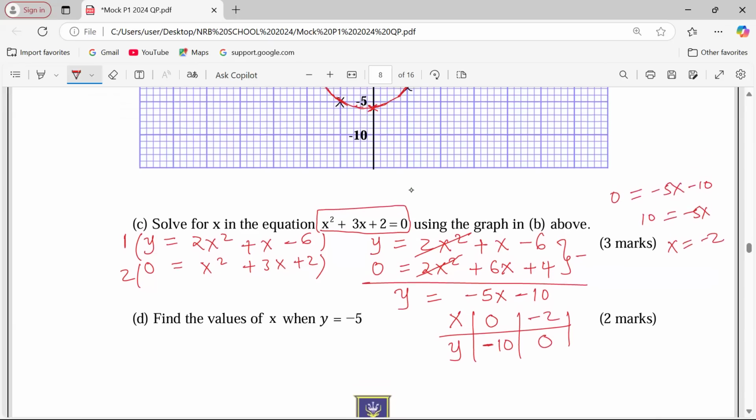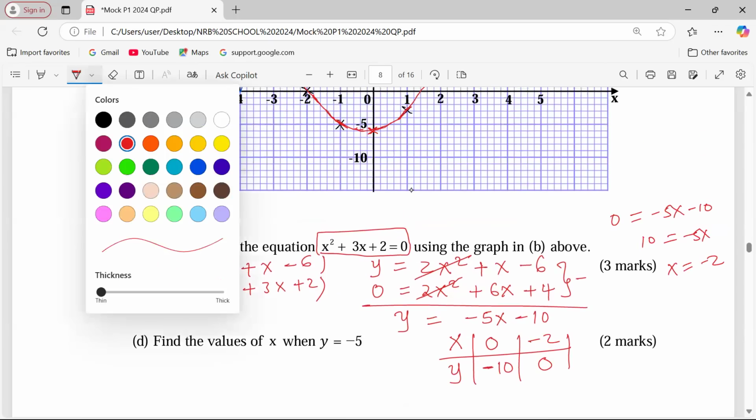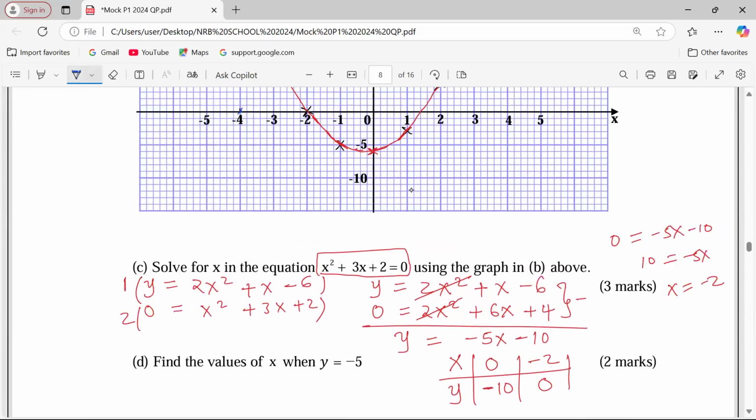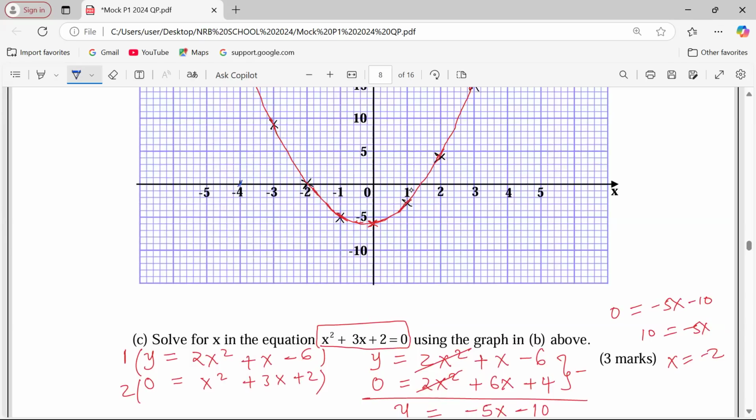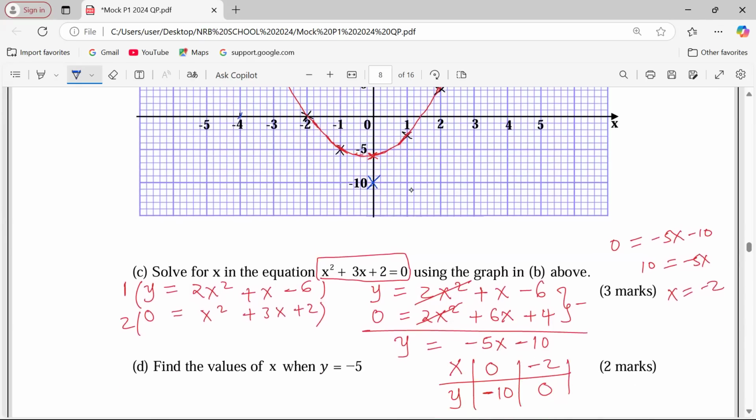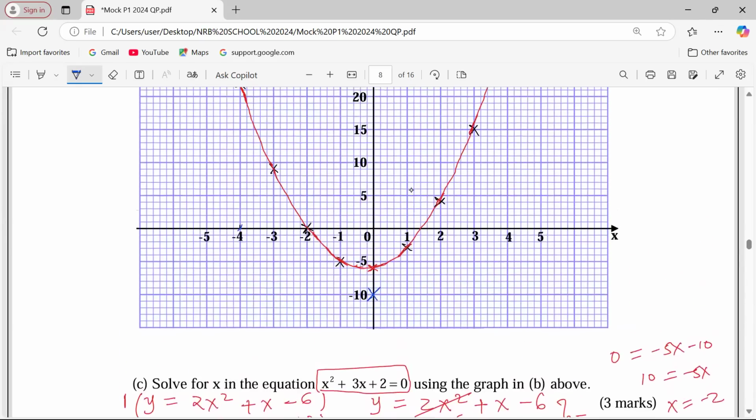So we need to plot 0, negative 10. This is the coordinate, and also negative 2, 0. Yeah, negative 2, 0 is already plotted.